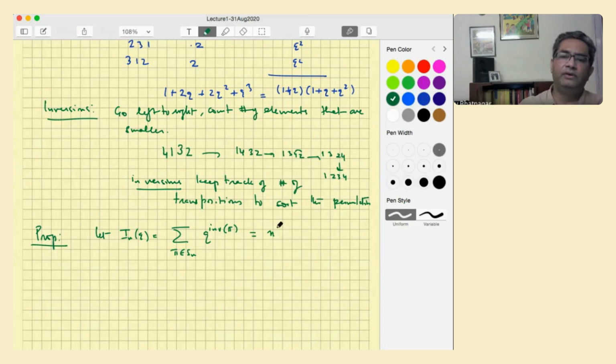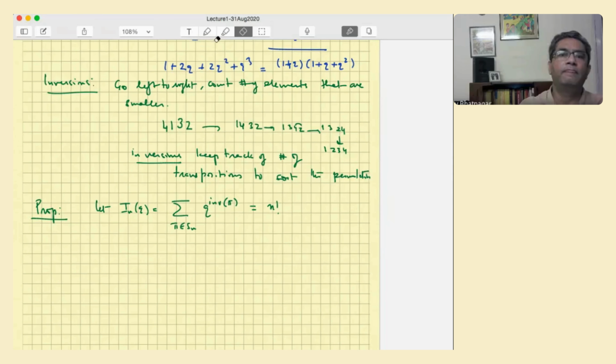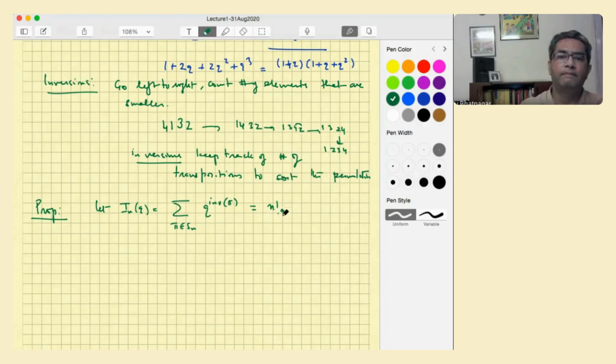Then this is equal to a q analog of n factorial. What is this? This is 1 plus q, 1 plus q plus q squared, and so on, up to 1 plus q plus so on until q raised to n minus 1.